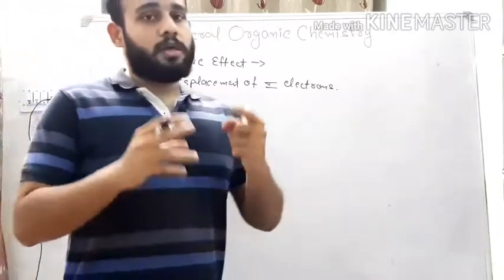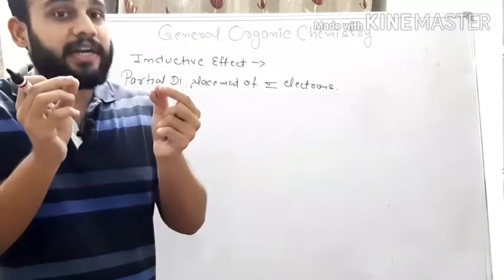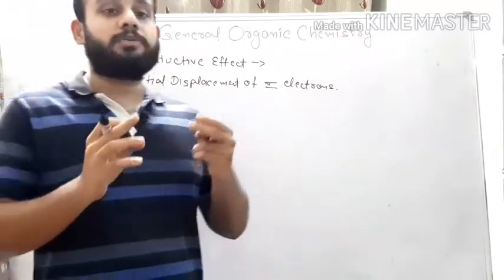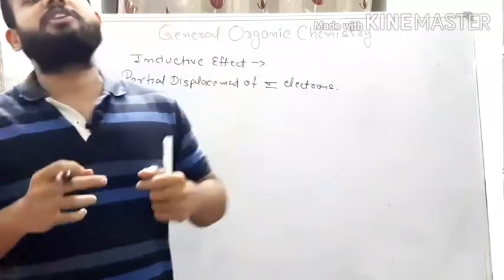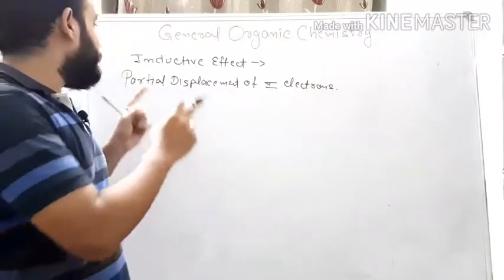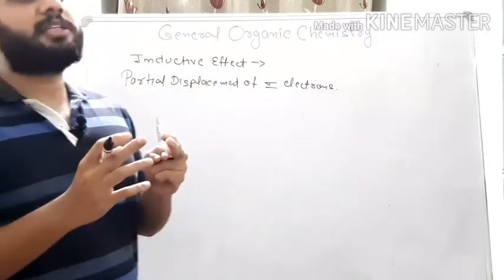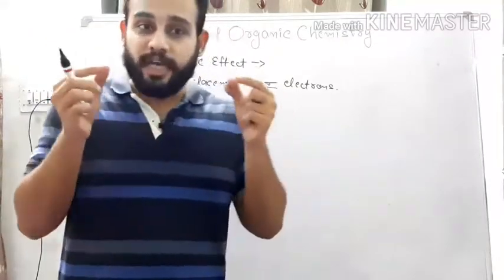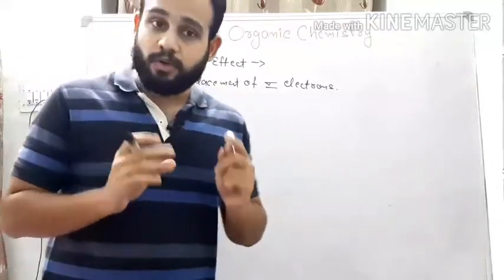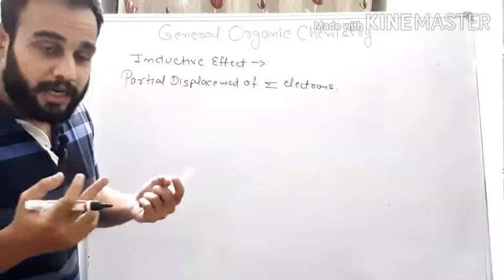When a chemical bond forms between two atoms which have different electronegativities, this is a must condition for the inductive effect. So there is a difference between those two atoms bonded together, and you see the inductive effect: partial displacement of sigma electrons occurs.